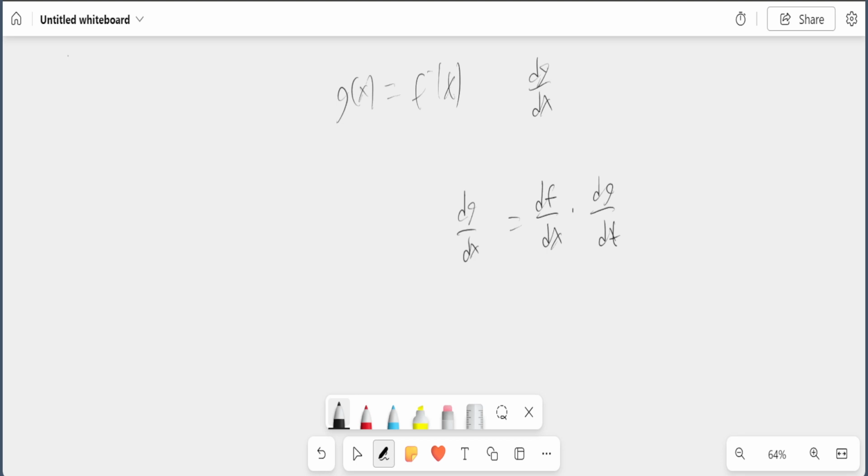So then, we want to find dg/dx. Shoot, even I forgot how to do this, I'm gonna be real. I'll figure it out later.